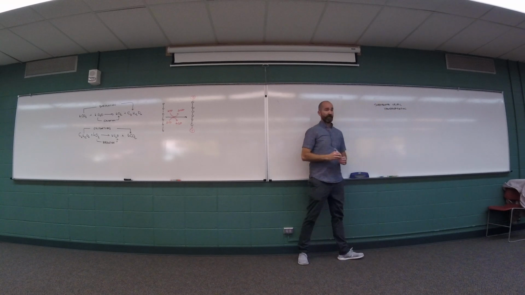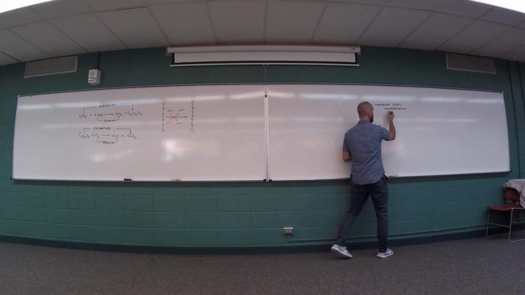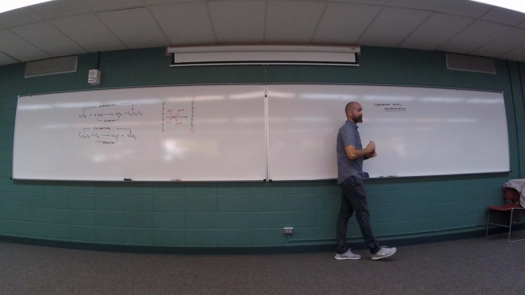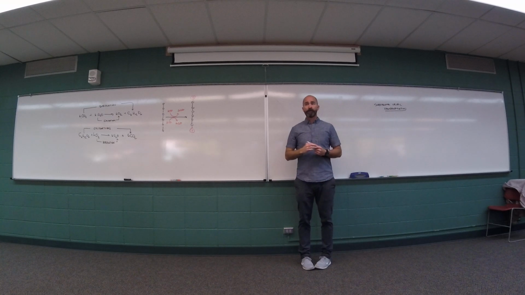Substrate level phosphorylation. And phosphorylation is going to be the common term between all of our types of phosphorylation events. Phosphorylation just means that you're putting a phosphate on something. That's important because that's energy.